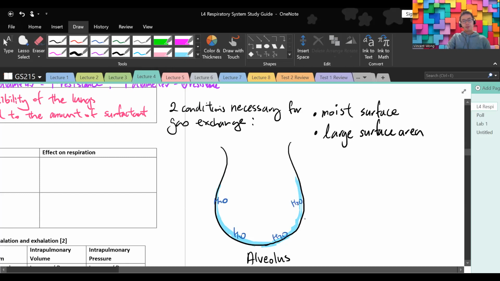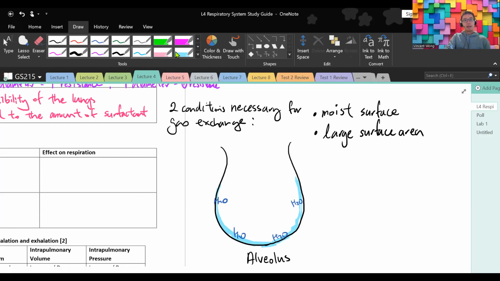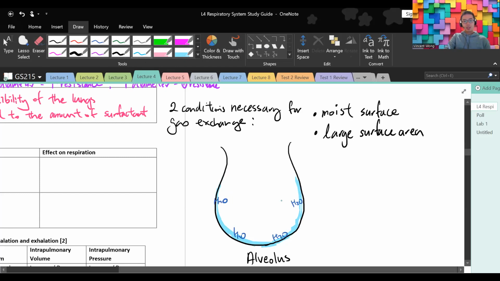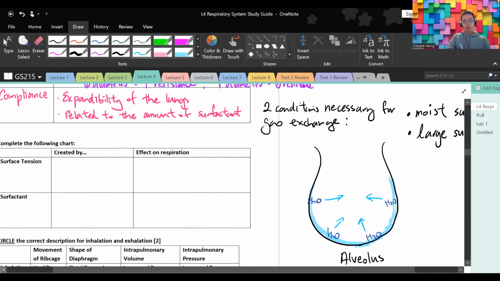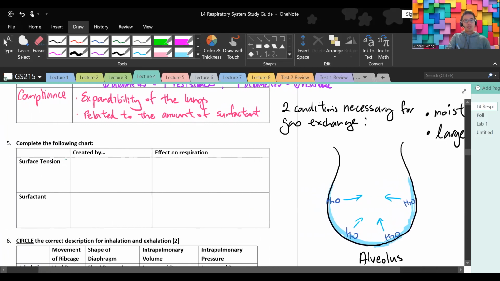And I'm sure you remember either from semester 1 in my class or from chemistry, water molecules are polar, right? And so they are attracted to each other, right? So this force that's created from the attraction of the water molecule, that creates surface tension. Right?